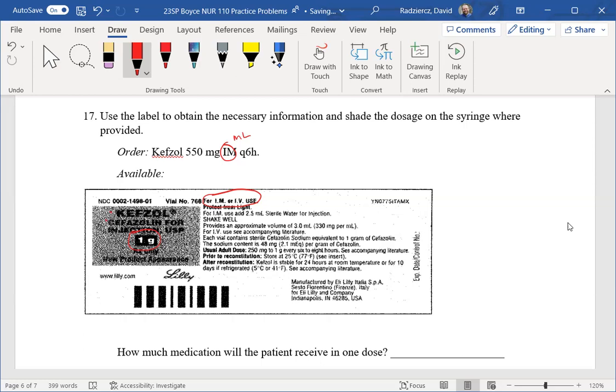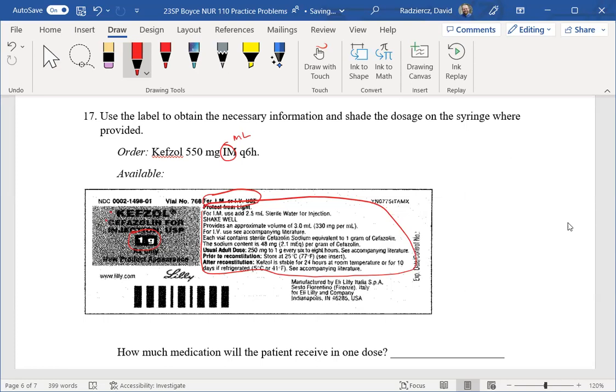We're missing that information, so we need to find it. That's another way you know you're dealing with a reconstitution: the label doesn't tell you your concentration or your strength. You have to look at the side label to find that information.